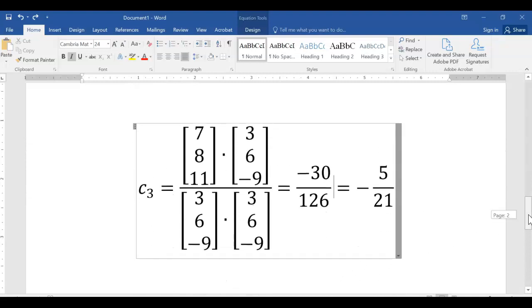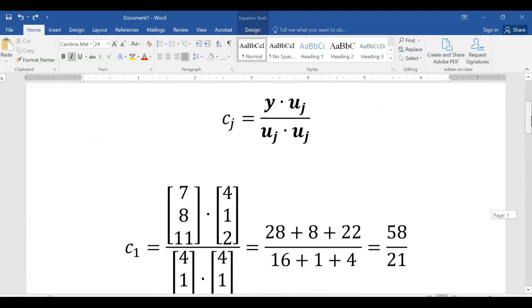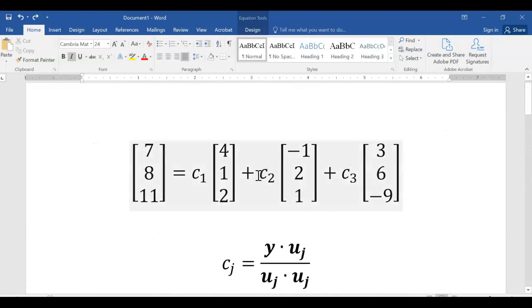In particular, this way allows me to find a single coefficient like C2 without even knowing the others. So I found coefficient C1 without having to find a coefficient for C2 or C3. And that turns out to be an important property in the next sections, when we want to build bases and things like that.